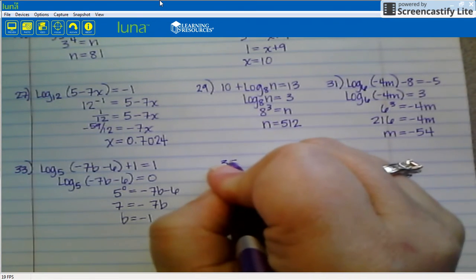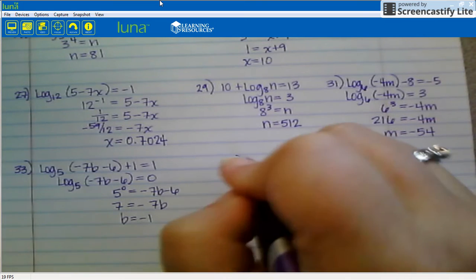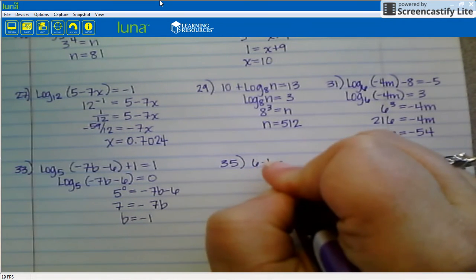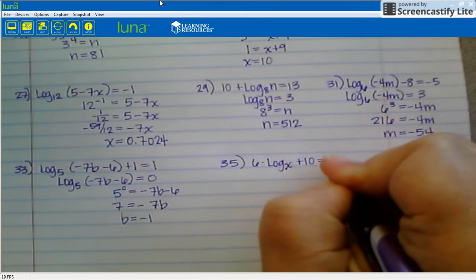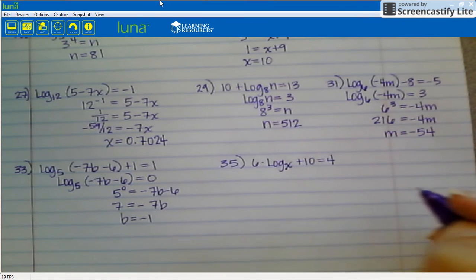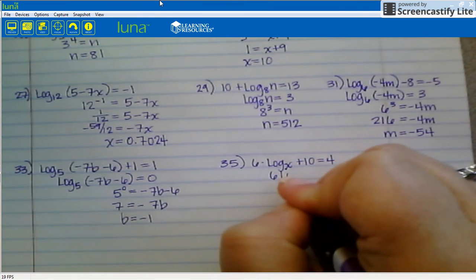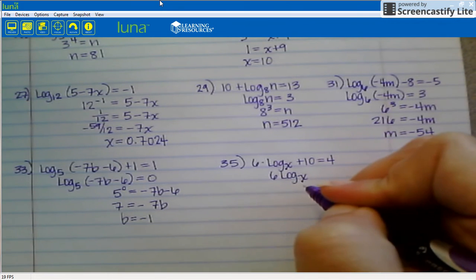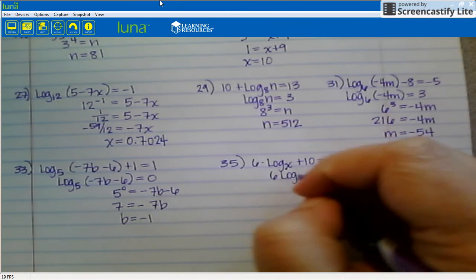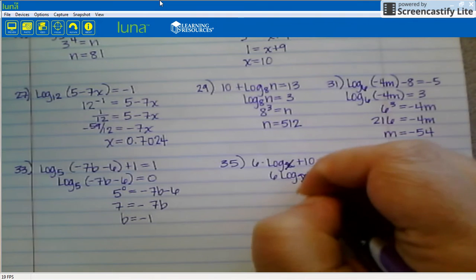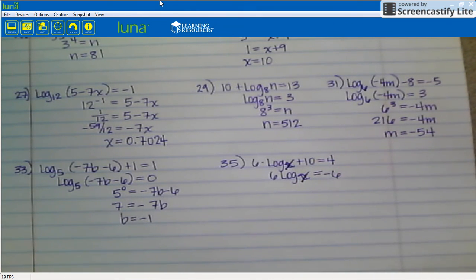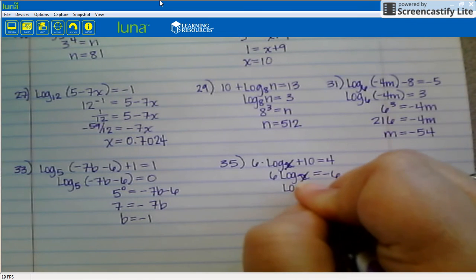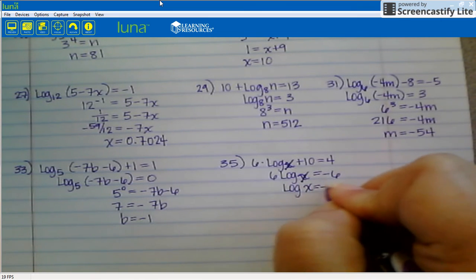For 35, we have 6 times the log of x plus 10 equals 4. So I'm going to subtract 10 to get 6 times the log of x, not base x, log of x is equal to negative 6, and I divide both sides by 6, and this gives me log of x is equal to negative 1.